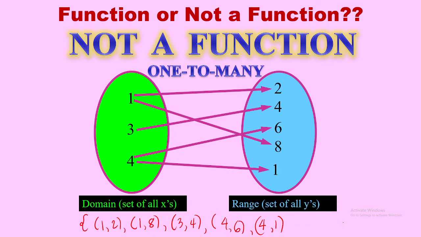The repetition is found in the domain. So if there is repetition in X, which is the domain, then it is not a function. There must be no repeating values in X for it to be a function.